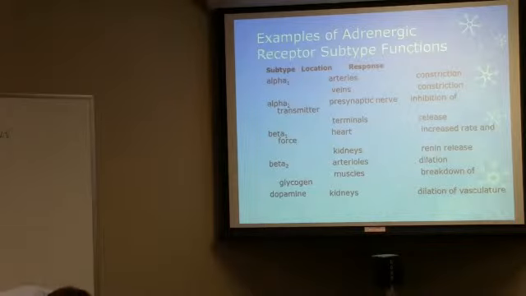Then if we look up at the top, we see alpha 1 and alpha 2. We'll primarily be looking at alpha 1. Let's take a look at a couple of the slides, and then I'll refer back to that and talk about some drugs.